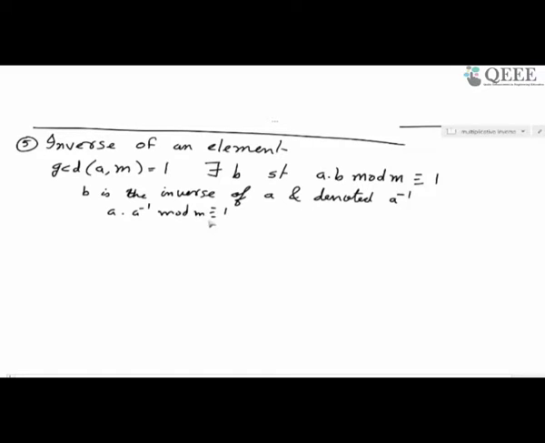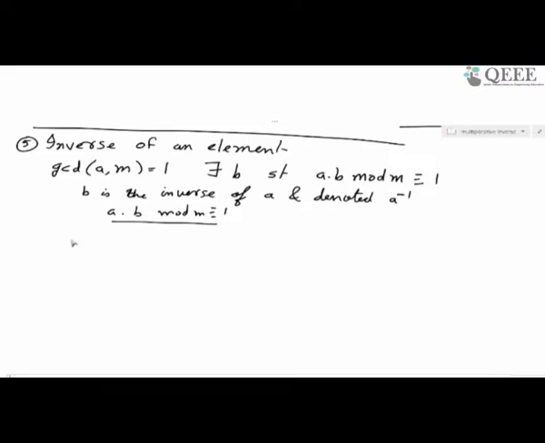So from the modular arithmetic rules that we have seen previously, just for notation's sake, let me keep this as a into b, where b is the inverse of a, modulo m is congruent to 1.